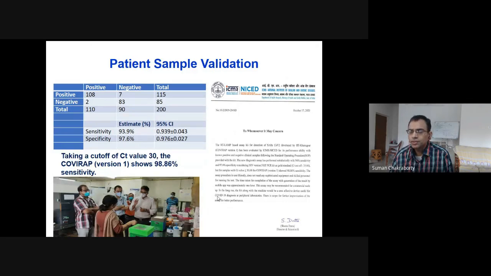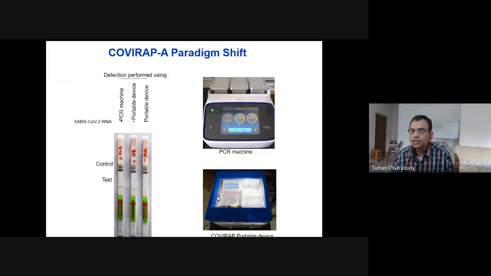That means this typically represents an infectious condition where the infection is considered important and critical from a clinical viewpoint. Our COVIRAP innovation shows 98.86% sensitivity when validated with patient samples.